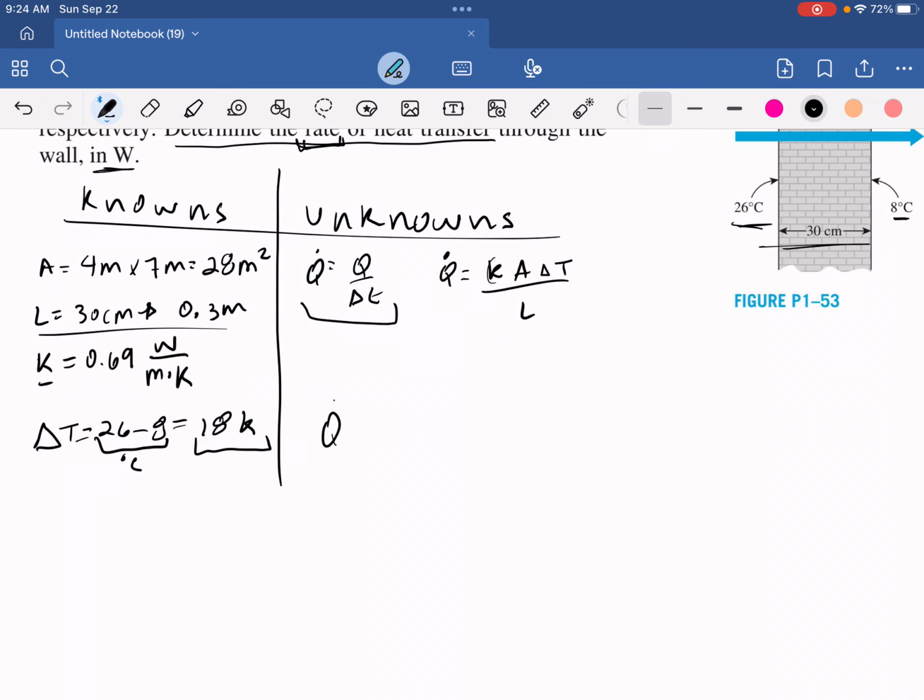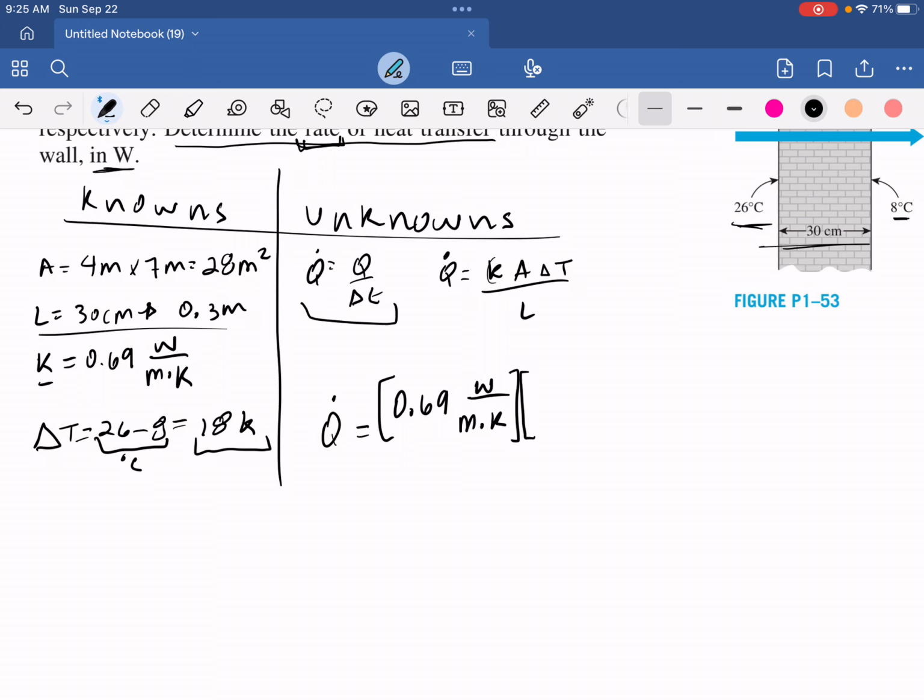So the rate of heat energy transfer in this case is going to be thermal conductivity, which is 0.69. Don't forget your units, watts divided by meters kelvin.